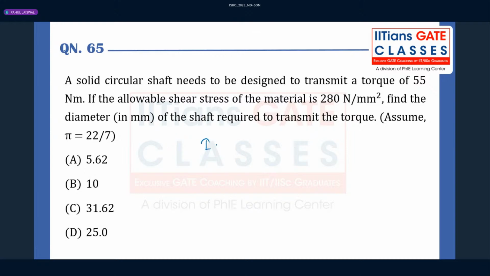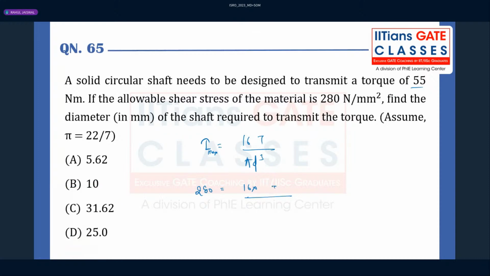We know that tau max is 16 T divided by pi d cube. Tau max is 280. What is the torque that we need to calculate? That is given, 55 Newton meter.